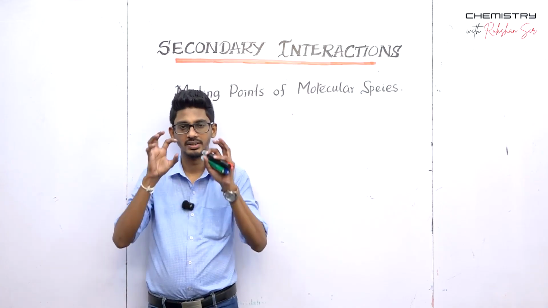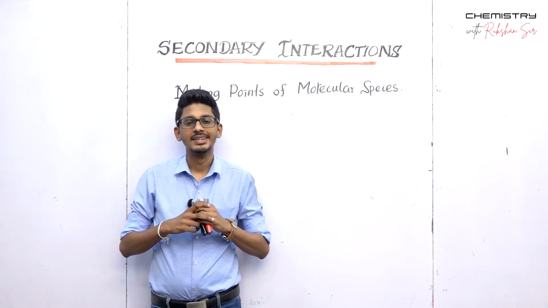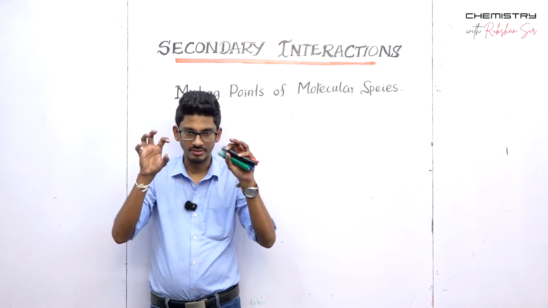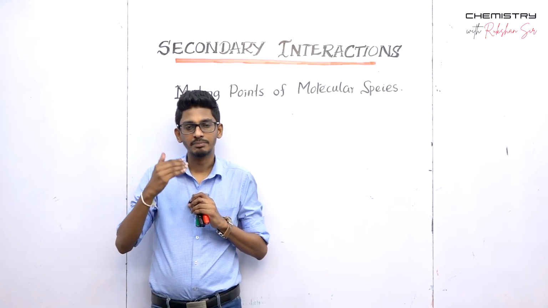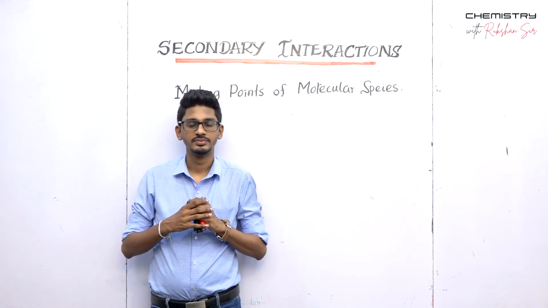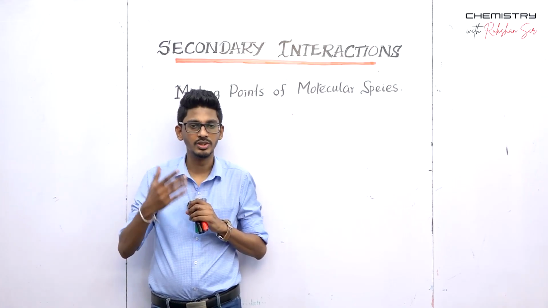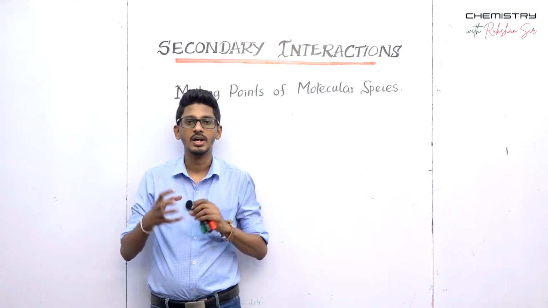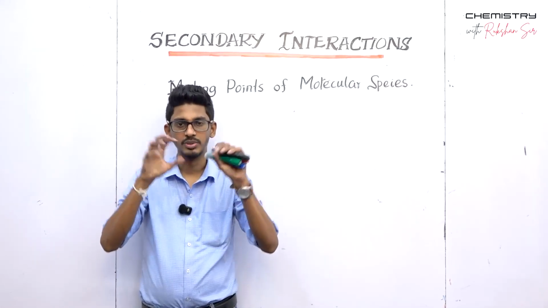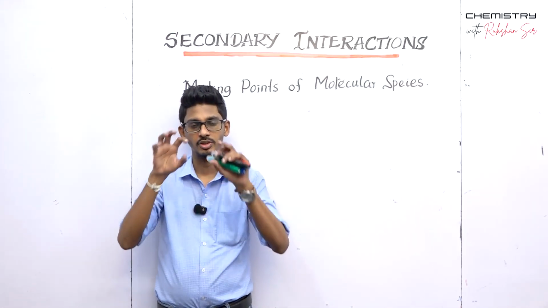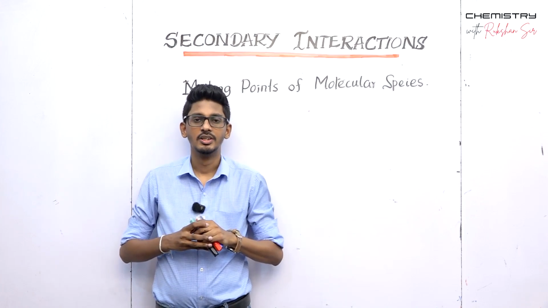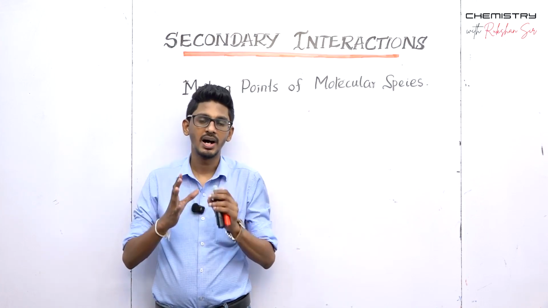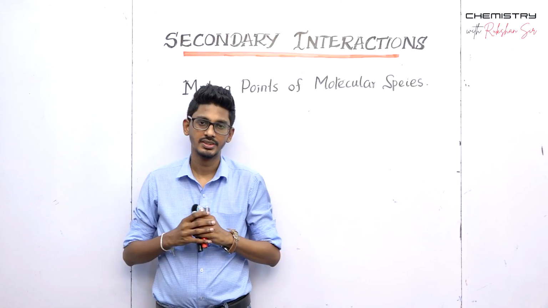In a solid, the particles are very closely packed. In a liquid, the particles are a bit away from each other. So with the temperature you provide to melt the substance, you are trying to put the particles apart from each other, from a solid to a liquid.